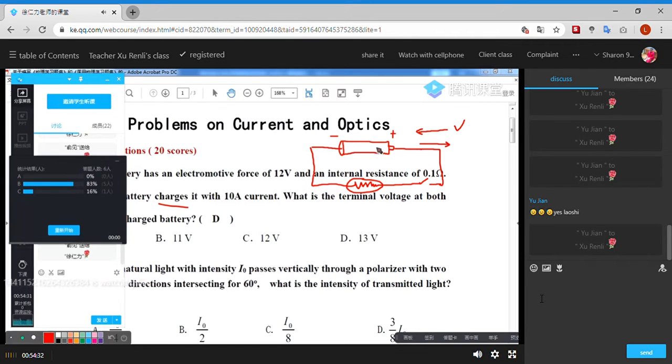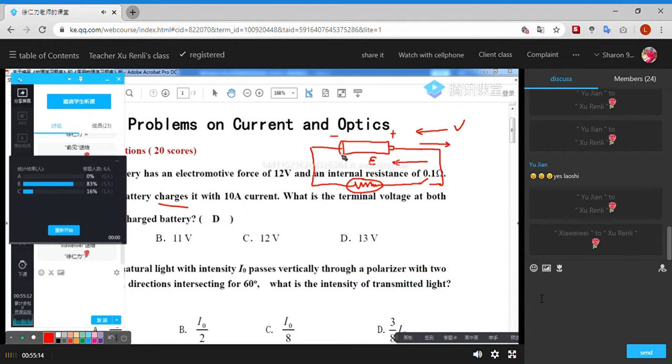It will consume its own energy, so it is not charged. The EMF will become smaller and smaller. So if we want to charge this battery, the current must be from right to left. Then we can charge this battery. So the direction is from right to left.